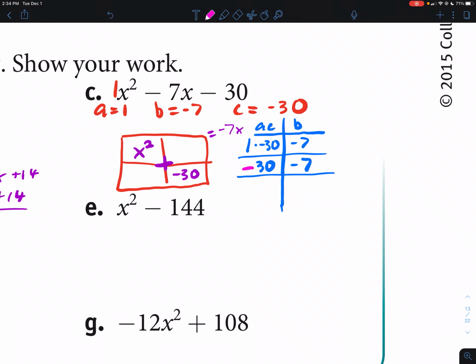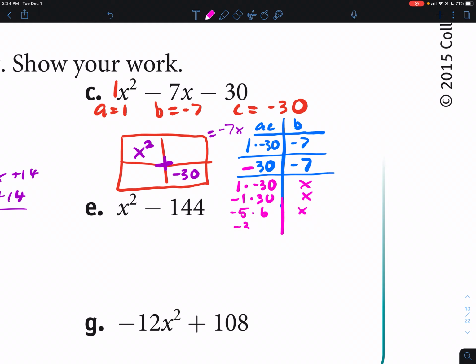Well, since our multiplication gave us a negative number, that means we're going to have one positive number and one negative number. So like 1 times -30, or -1 times 30. Neither one of those are going to add up to -7, so -5 times 6, that's not going to add up to -7.